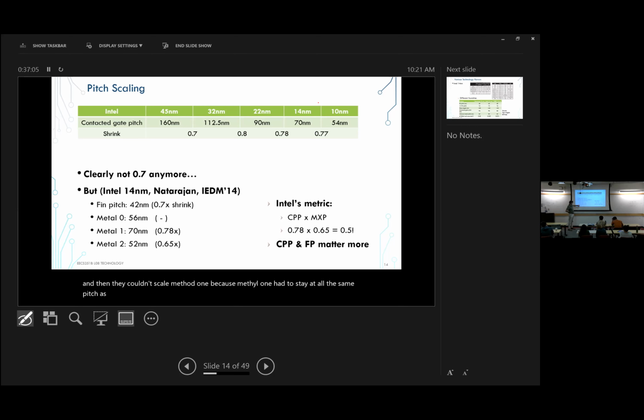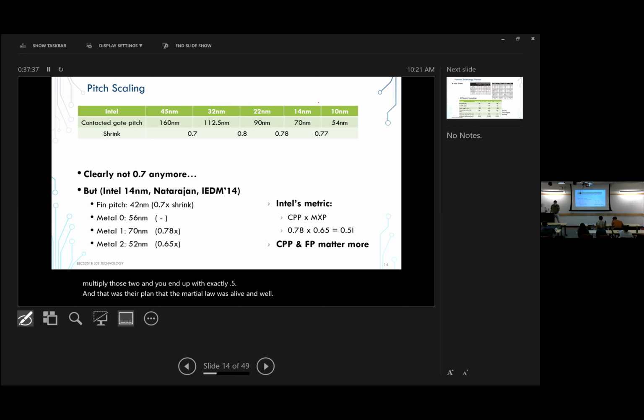The things that go in the direction of fins, like metal 0 and metal 2, and the other metal goes in the direction of gates, they're scaling aggressively. So they came up with a metric of contacted gate pitch times the densest metal pitch. Multiply those two, and you end up with exactly 0.5. And that was their claim that Moore's law was alive and well.